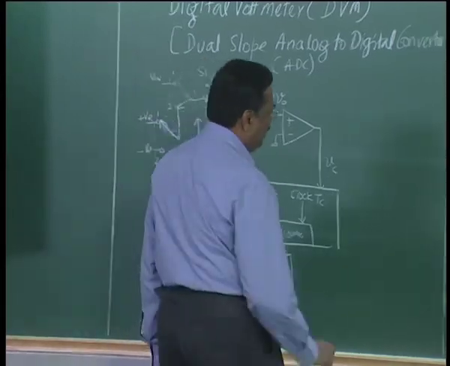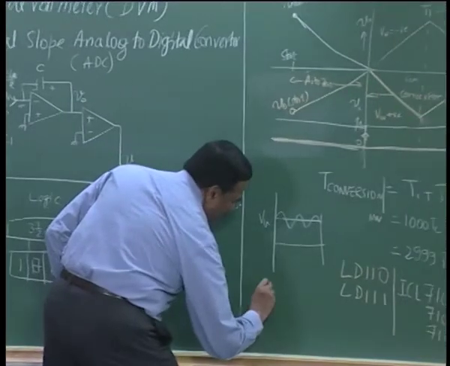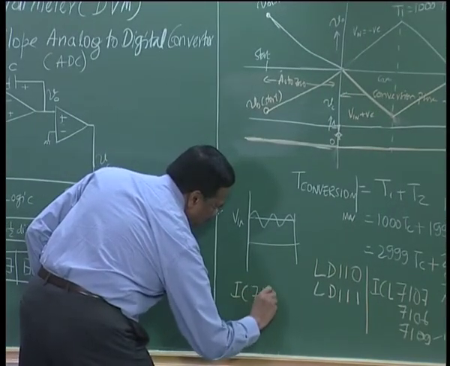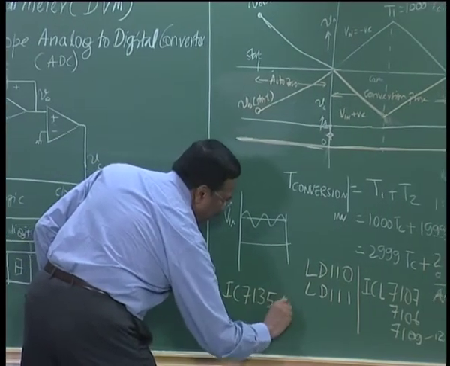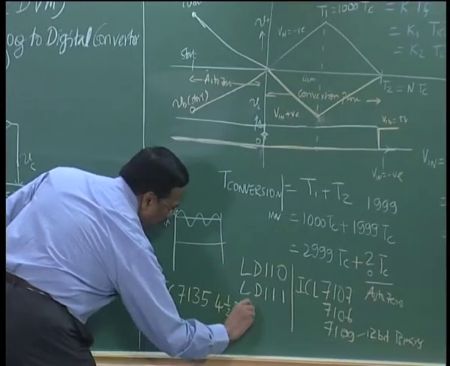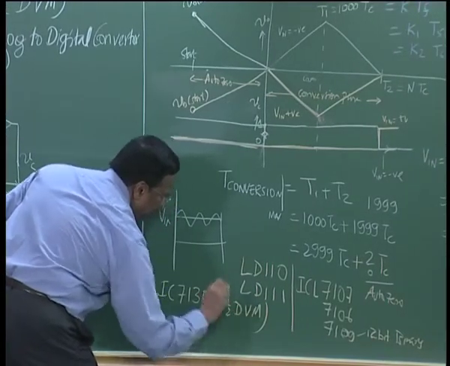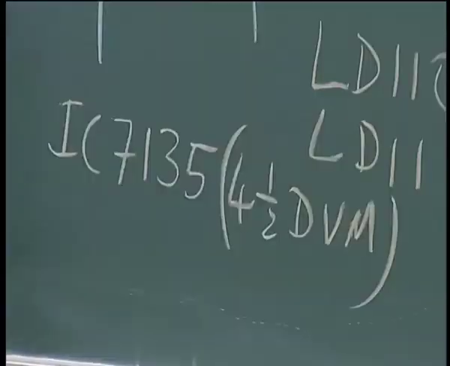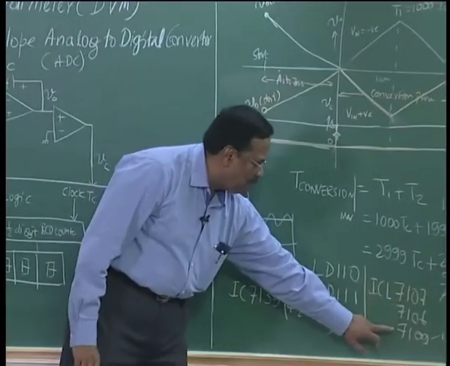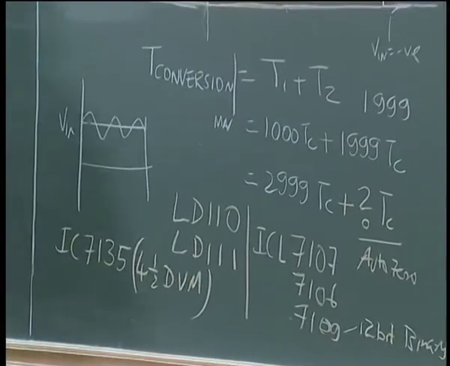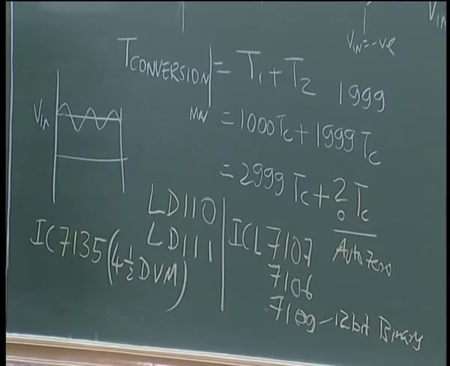There is another IC, 7135. This is a 4.5 digit DVM. These two are 3.5 digit, and this has a 12-bit binary output.